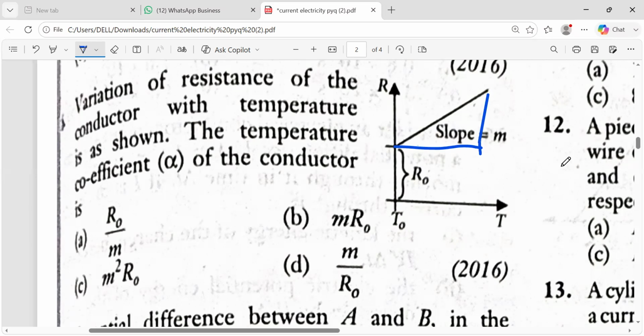Temperature versus resistance. This is my delta R, this is my delta T. This is the slope value, tan theta. What is tan theta? Opposite side by base.